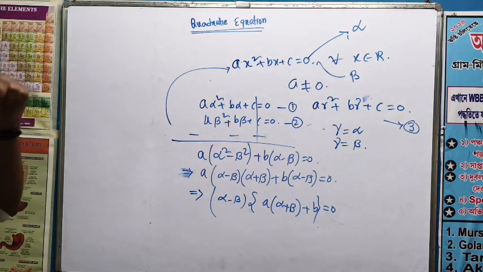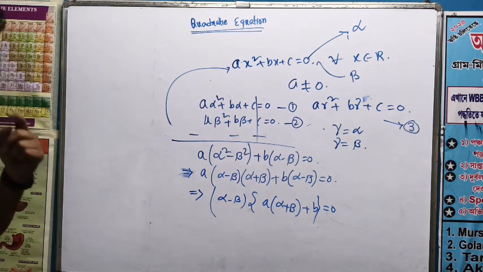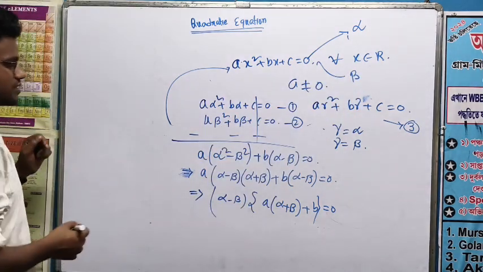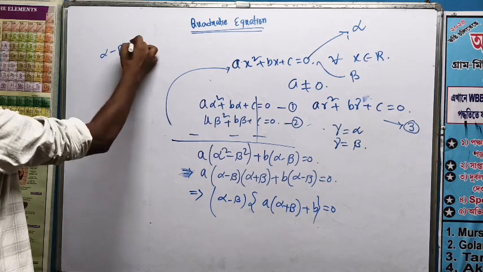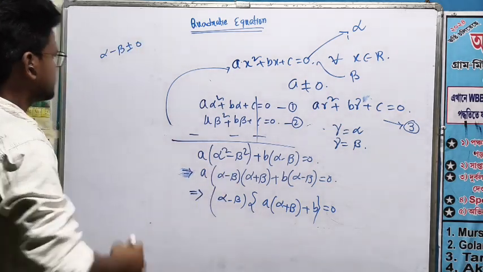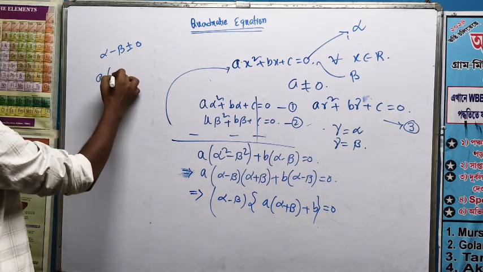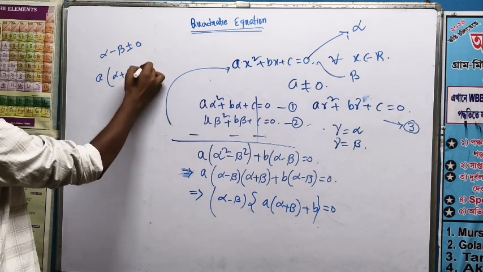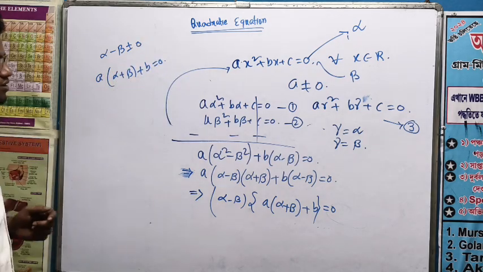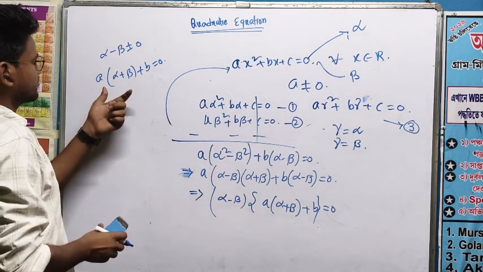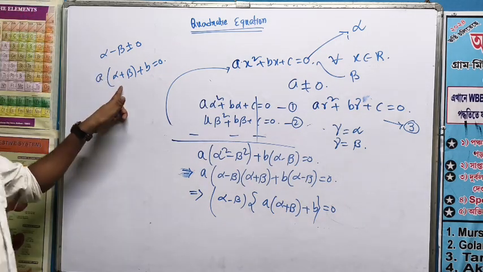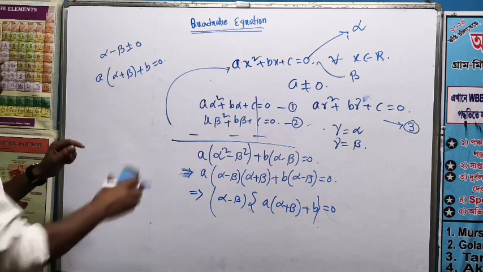Since alpha and beta are not equal, alpha minus beta is not equal to 0. That means a into alpha plus beta plus b is equal to 0.